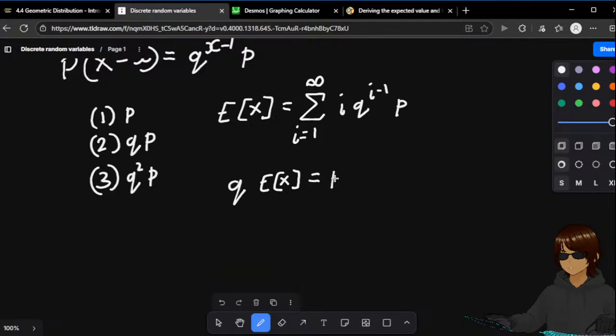And then I guess I can take the p out. So they said multiply by what? Multiply by q. Okay. I, q to the power of i, right?